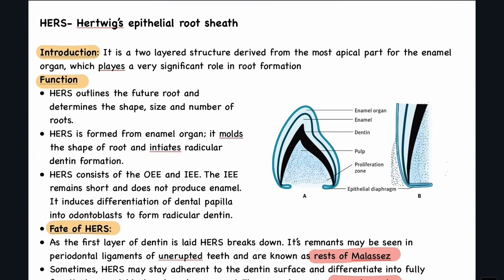What is the other scenario? Sometimes it may stay adherent to the dentine surface and differentiate into fully functioning ameloblasts producing enamel. This is known as an enamel pearl. Right now I explained that the inner enamel epithelium does not convert into ameloblasts and does not lay down enamel. But sometimes it may happen.